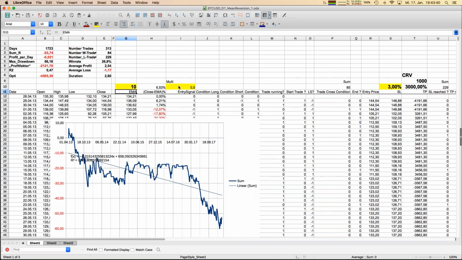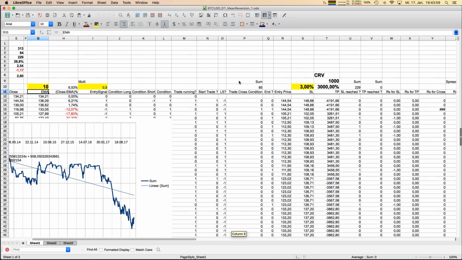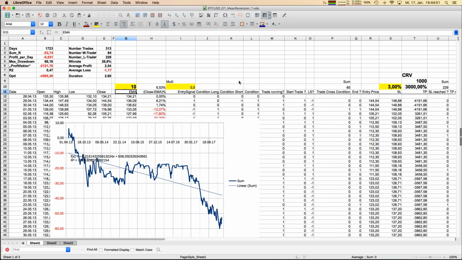All equities are always in the risk unit R, so you can multiply with any euro or dollar amount. And you see an equity which goes south. We have a few parameters we can turn, like the EMA period, that multiplier, and so on. I don't care about those details right now, but you see that equity goes to the south.